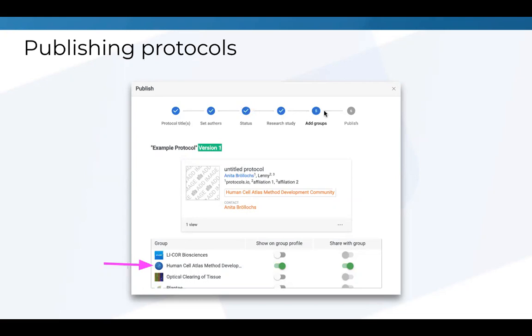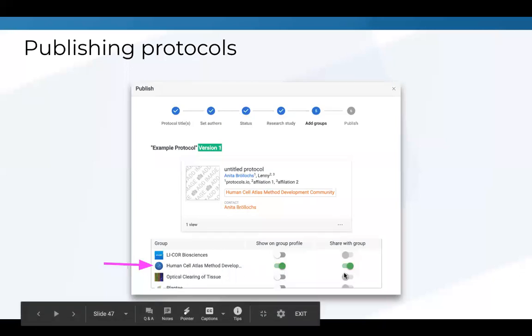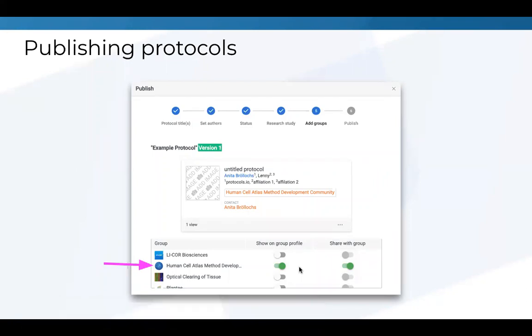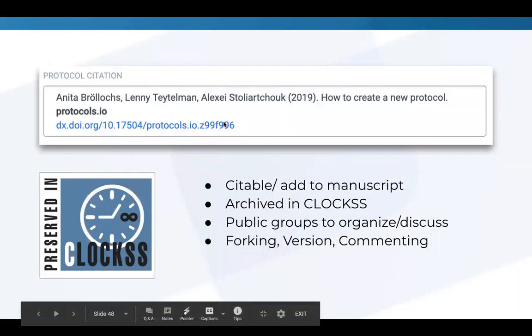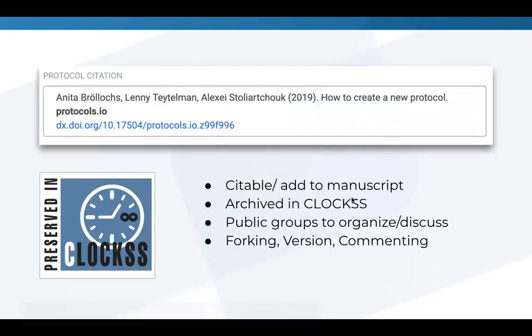And then you can also associate it with groups here. Here I just had an example. If you're part of groups, you will see the groups down here, but you can always associate it with groups afterwards as well. And then once the protocol is public, it receives the DOI, so it has a citation. It can be added to your manuscript. We archive all public protocols with CLOCKSS to ensure long-term preservation, and it can be added to public groups.